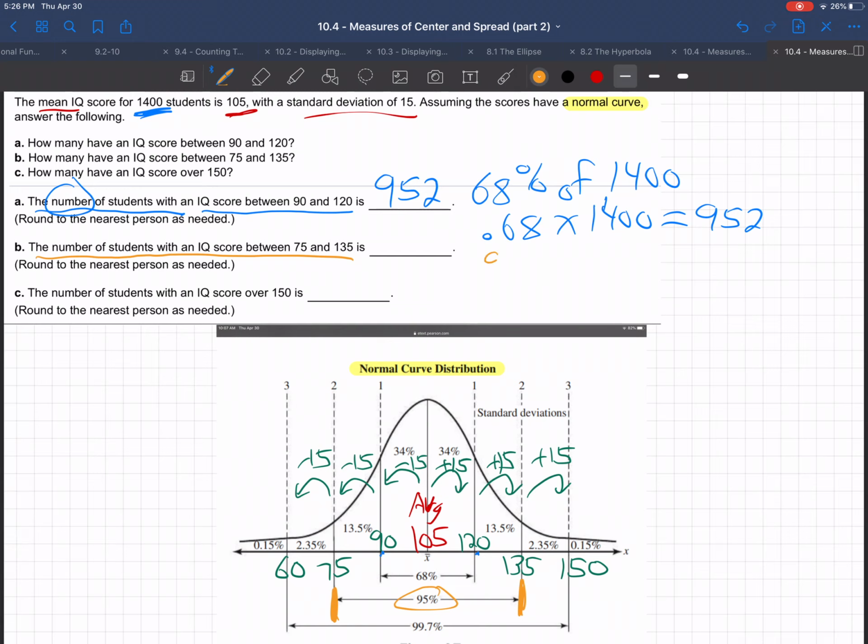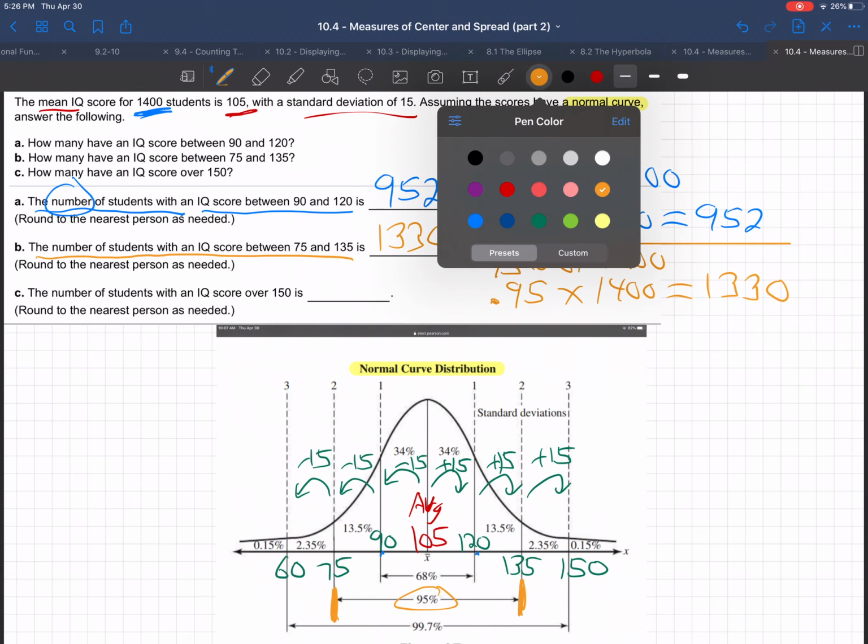So 95% of the 1,400 students, that's 0.95 of is times 1,400. Multiply that on the calculator. I'm getting 1,330. So 1,330 students must have an IQ between 75 and 135 in that group.